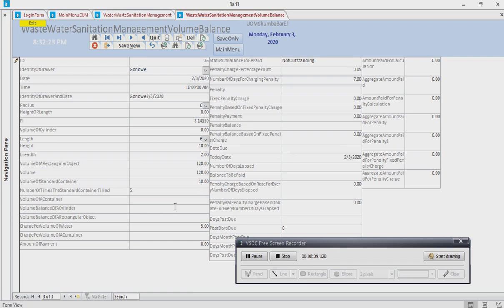That's the number of times 5. Let us say you have paid something like 200 kwacha. The balance now is 50.